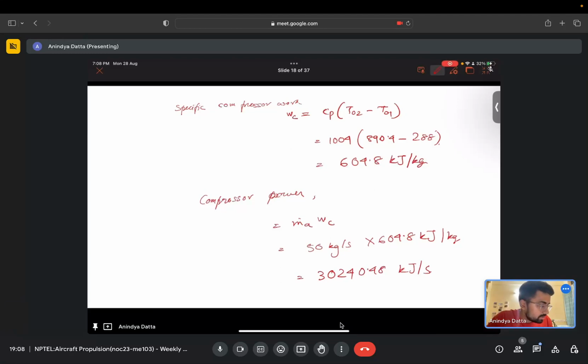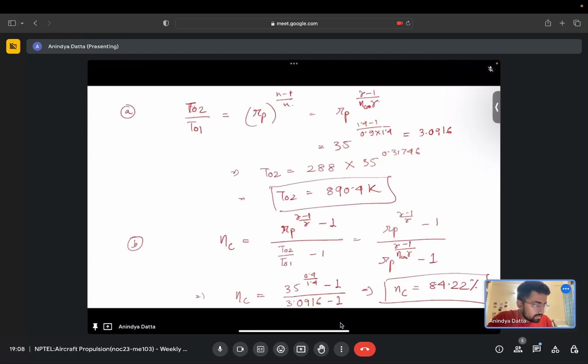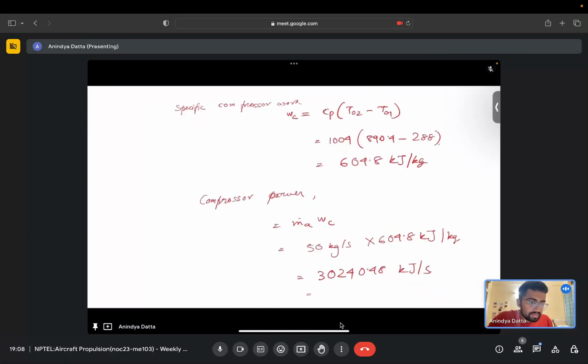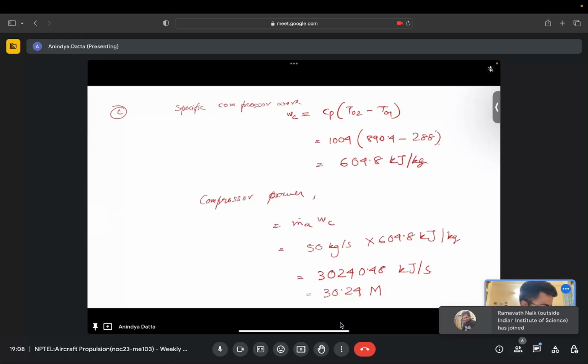Kilojoule per second is kilowatt, but the answer is asked in megawatt, so we have to again divide it by 1000. So this is part C of the problem: 30.24 megawatt. This is our compressor power.